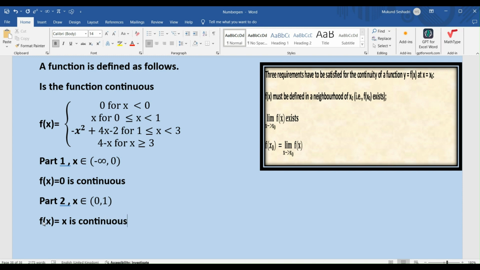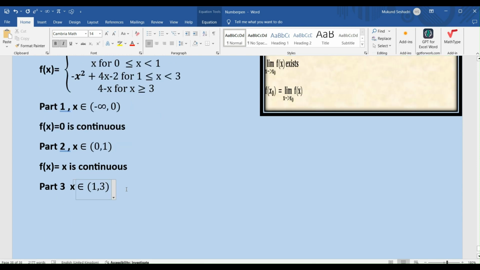And then I go to my part 3, which is 1 to 3, right? And we'll have to come back to examining the continuity of the function at the point x equal to 1. So our part 3 here is x belonging to the open interval 1 to 3. When I say open interval 1 to 3, it means it does not include the points 1 and 3, right?